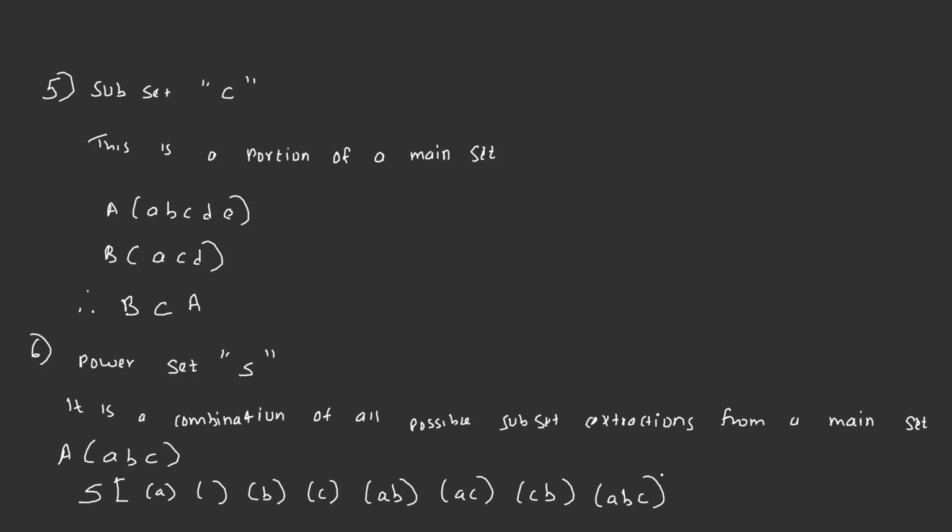So those are all the possible combinations of set A, which has elements A, B, and C.